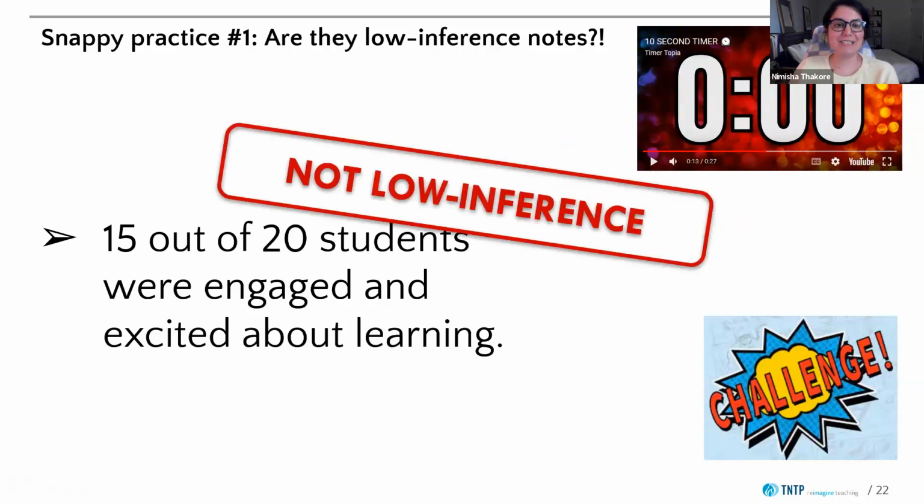These are not low inference. There's that engaged and excited piece. They're almost low inference. There's student numbers here, right? But what evidence do we have that kids are engaged or excited? That's what we're looking for.